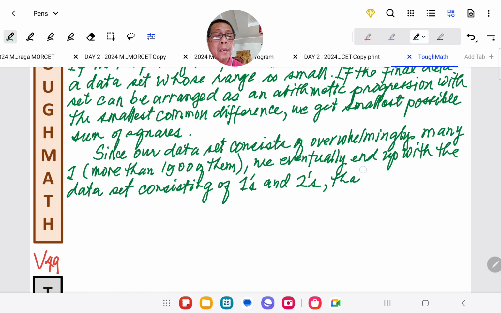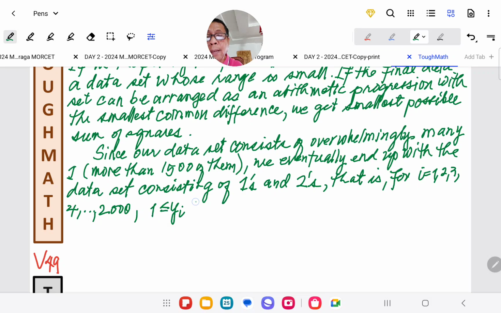That is, for i equal to 1 to 2,000, y sub i is always between 1 and 2.